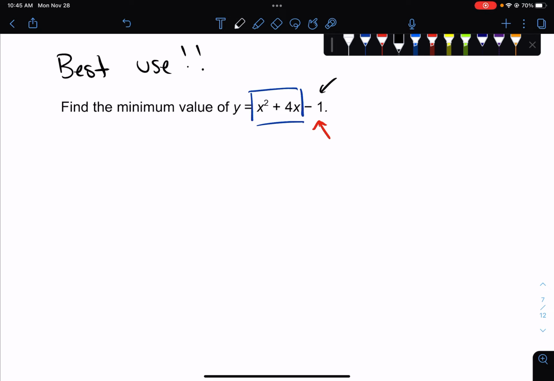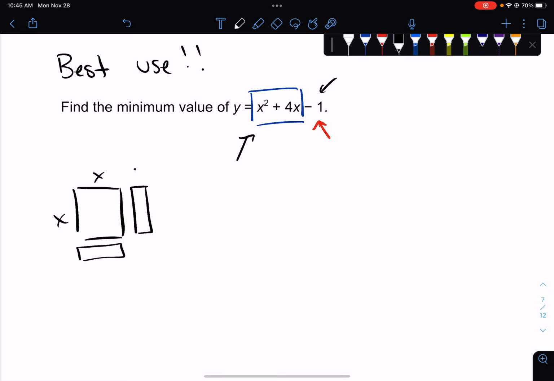So if I use completing the square to deal with the x squared plus 4x, I've got this square that's x by x. The 4x, I'm going to split in half. I'm going to put half of the x's down there and the other half right here. So to complete the square, this little square has an area of 4, which means I have to minus that as well.